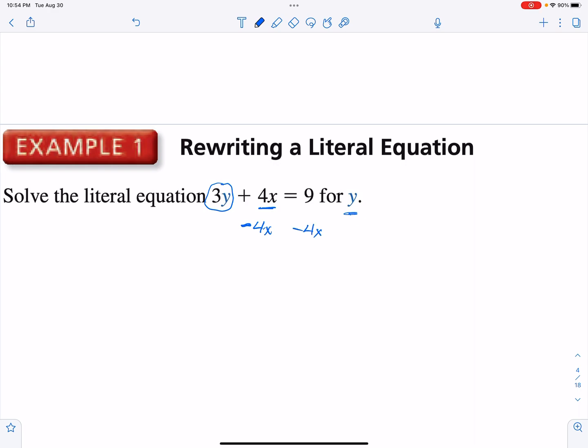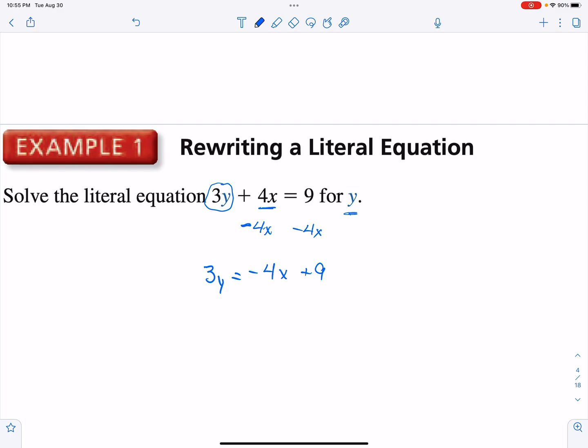Now you could write 9 minus 4x. What I'm going to tell you early is get in the habit of writing your x term first. So I'm going to write the negative 4x first, and then the positive 9. 9 minus 4x is not wrong. It's just that when we get to graphing lines, it's going to be written like this.